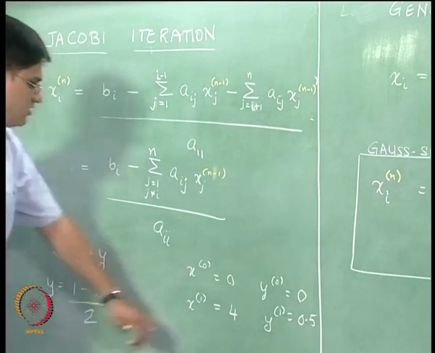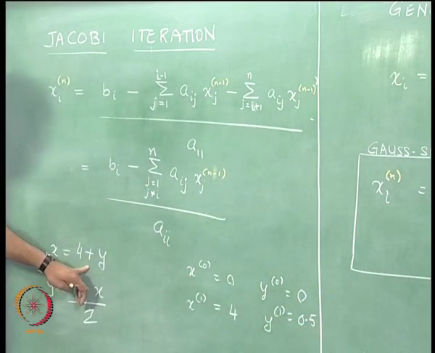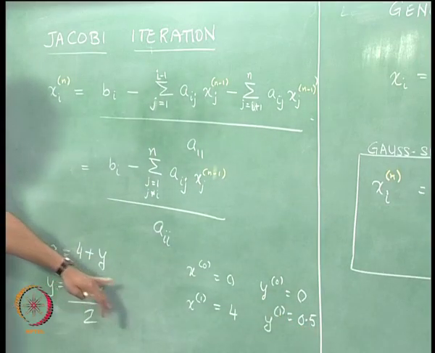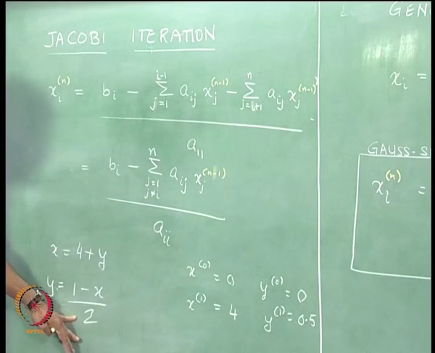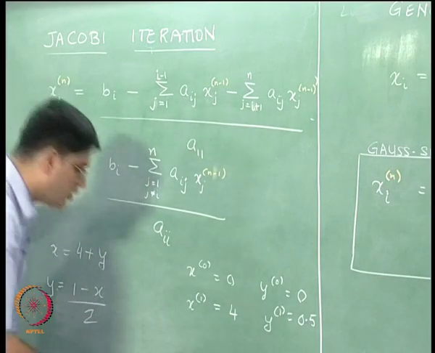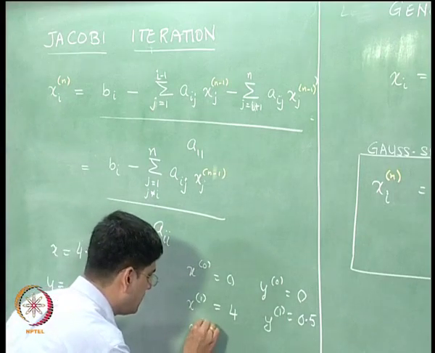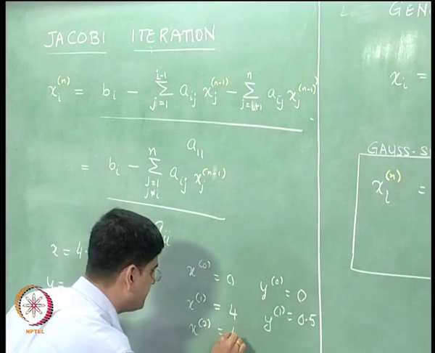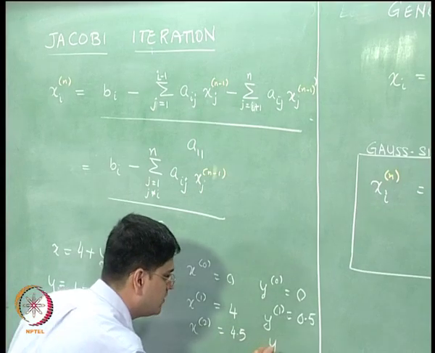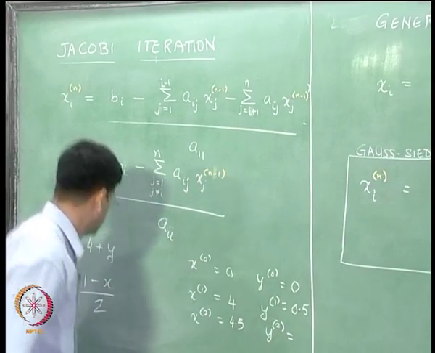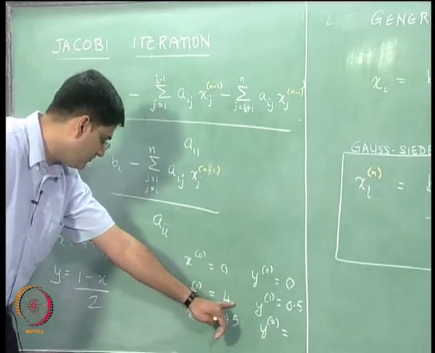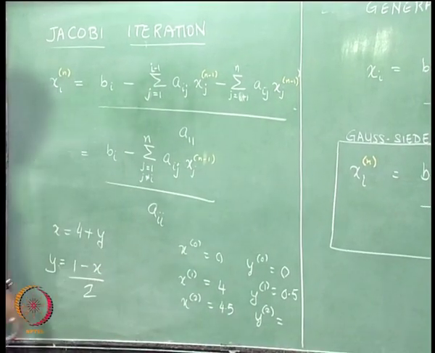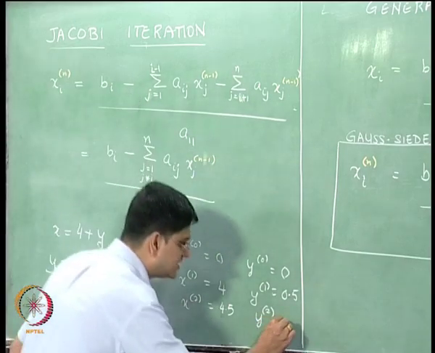Now we substitute the value of 0.5 in this equation to get the value of x, we substitute the value of 4 in this particular equation to get the value of y. Okay. So our x2 we will get as 4.5, our y2 is essentially going to be 1 minus 4, that is minus 3 divided by 2, and that is minus 1.5.